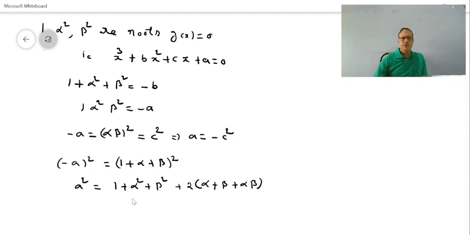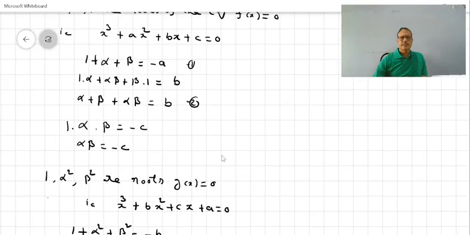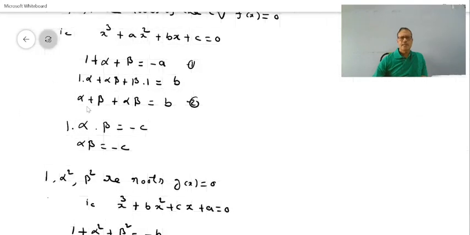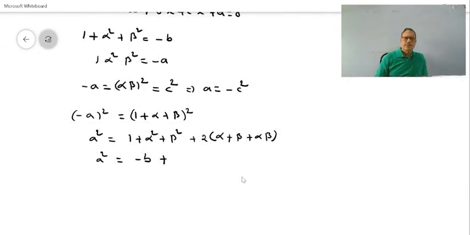So I substitute minus b in place of 1 plus alpha square plus beta square. So a square is equal to minus b plus 2 into, see here, alpha plus alpha beta is equal to b. So I substitute b in place of alpha plus alpha beta. So this is equal to 2b.